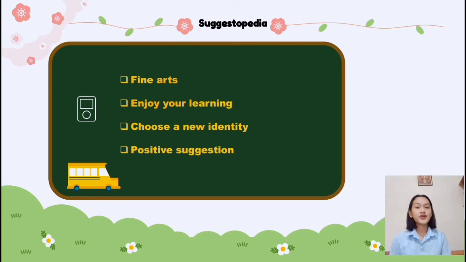It is desired that the students achieve the state of infantilization so that they will be more open to learning. Next is choose a new identity. This enhances the students' feeling of security and allows them to be more open. Lastly, positive suggestions. There are two kinds, direct and indirect suggestion.